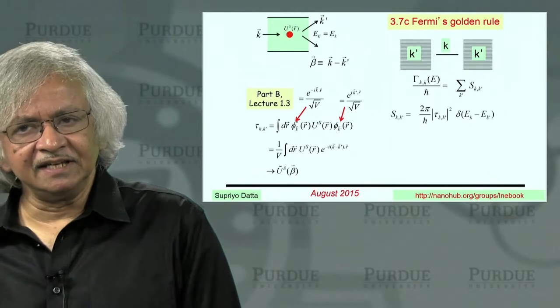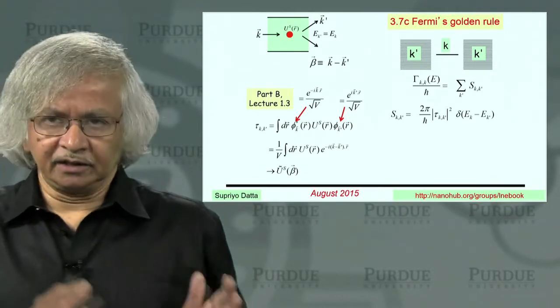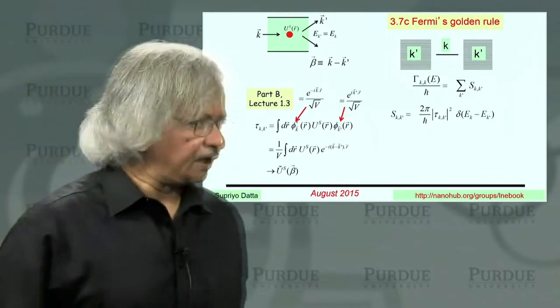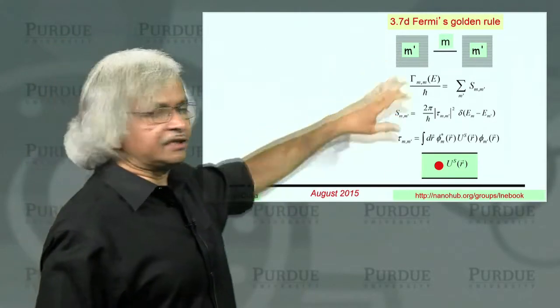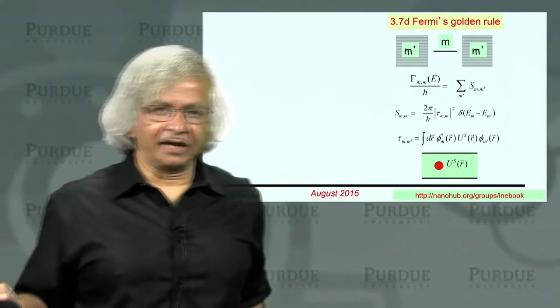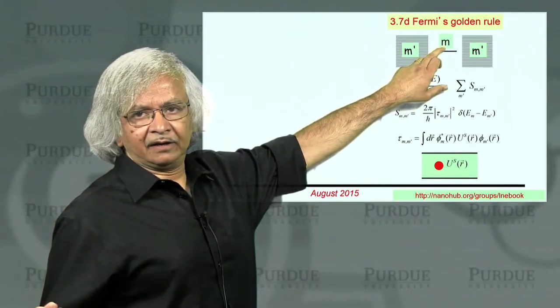These are things you'll see in many courses in many different contexts. I'm just trying to connect it up to our NEGF result. So we'll actually use a more general version of this, that is not k's and k primes, but arbitrary eigenstates m and m prime.